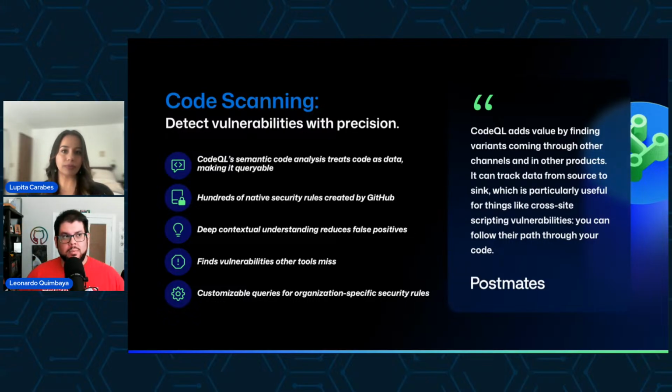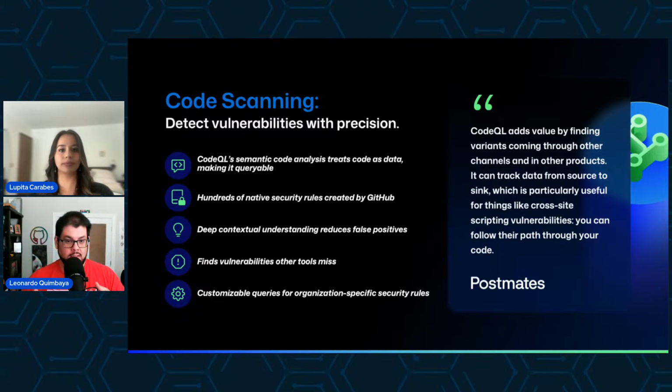I think there's another key point at a higher level, which is the difference between code scanning and CodeQL in this case, and what code security as a product is. Code security is just the name of the product. Code scanning is an element of that product.